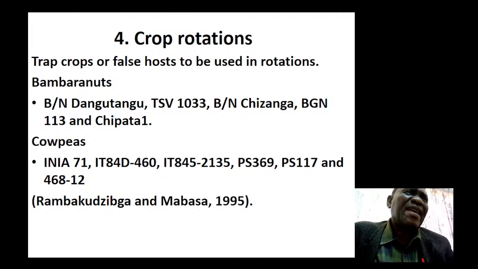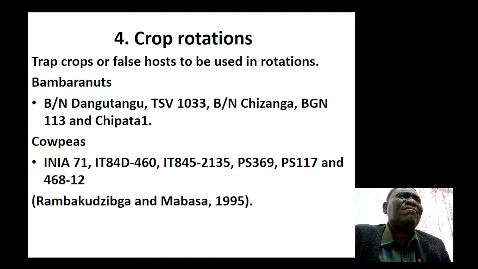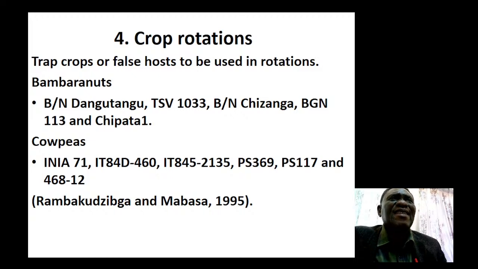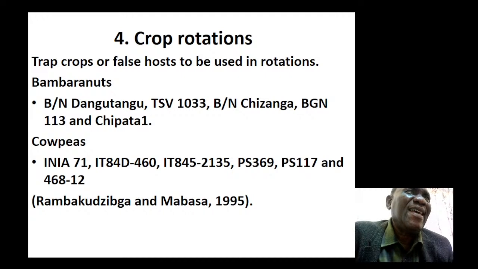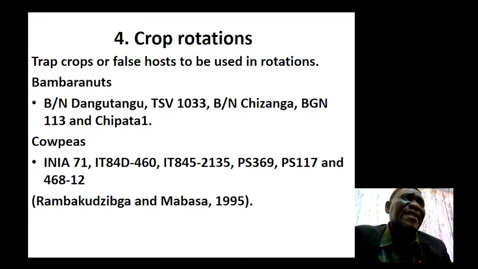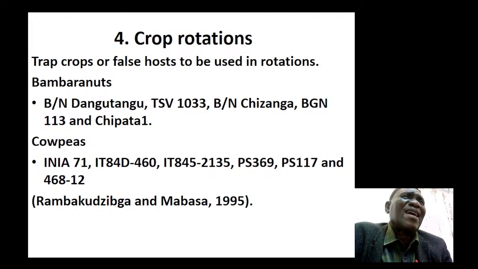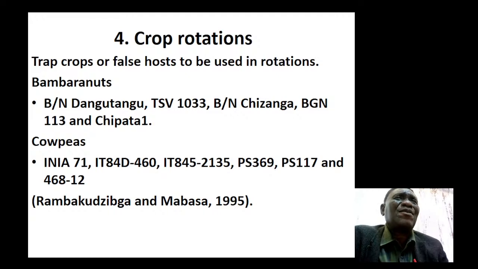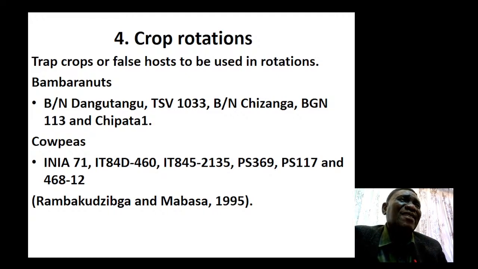BN Dagutang, TSVU 1033, BN Chizanga, BGN 113, and Chipata 1 were bambara nuts which were found to produce a lot of Striga stimulants. They could cause a lot of germination of Striga, but yet they were not attacked.